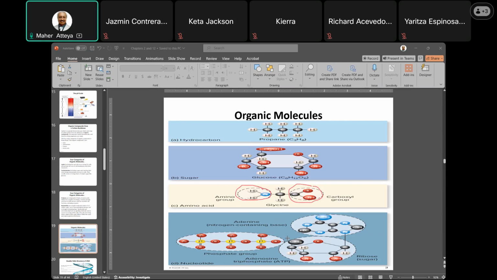Now this is a very complex compound here. This compound, as you can see, has 3 phosphate ions, and then one sugar. This is one sugar here, and here is an adenine group, or molecule. So it's connected to this type of sugar, and then connected to phosphate ions.